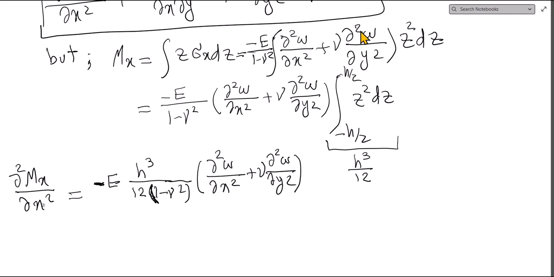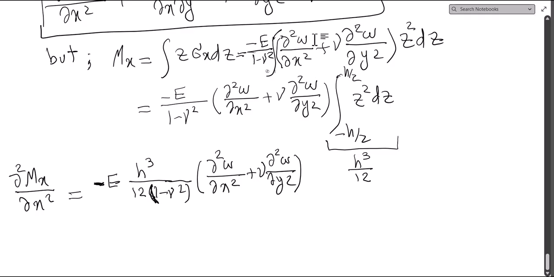Actually, this can come out as well, because the derivatives of w are a function of x and y, so the whole thing can come out of the integral, because the integral is with reference to the z variable.